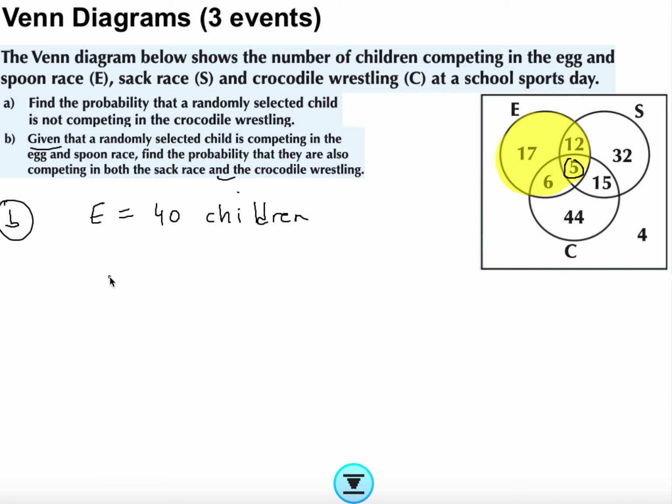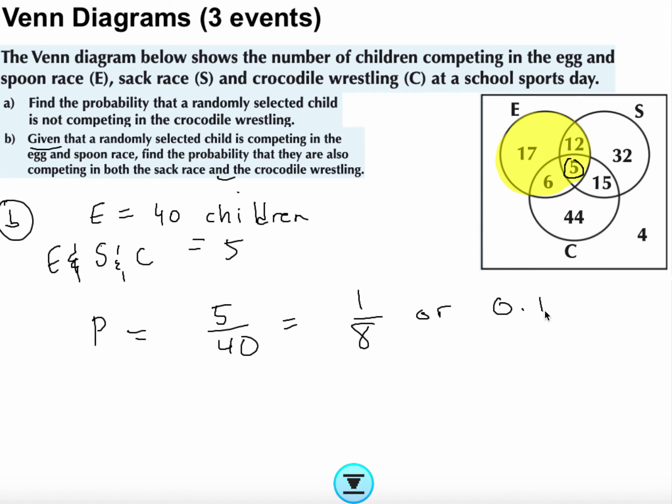So the sack and crocodile wrestling is 5. So the probability is now 5 out of 40, which is 1/8, or if you want it as a decimal, 0.125.